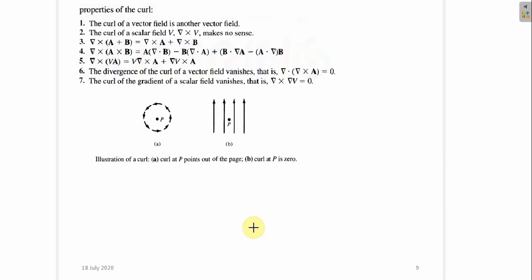So the curl of a vector field is another vector field, obviously, because it is a cross product. So let's say del cross A. If you are performing a cross product between two vectors, obviously that will result in a vector.